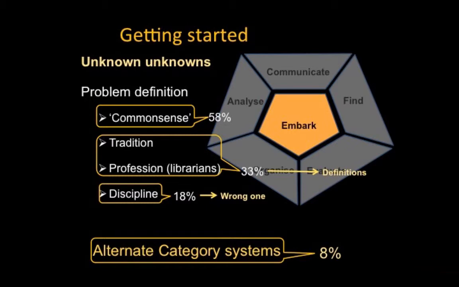And so the problem for students is that alternative category systems are unknown unknowns. They don't know, so they don't bother looking for it. So our task is we need to make them aware they don't know and what sort of research they need to do to get started.